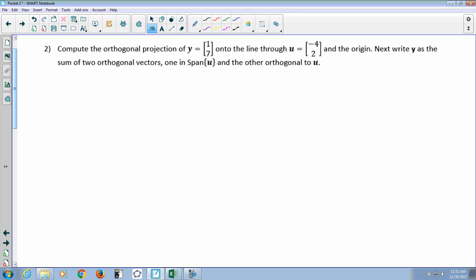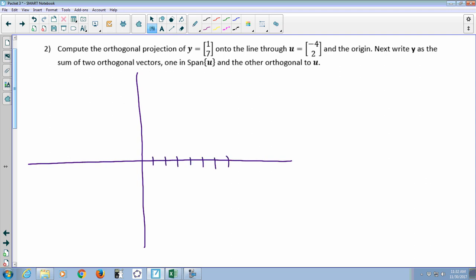So first, I'm going to plot the point 1, 7, or draw the vector 1, 7, and the line through -4, 2 and the origin. I should really add some axes to the notes here. All right. 1, 2, 3, 4, 5, 6, 7.